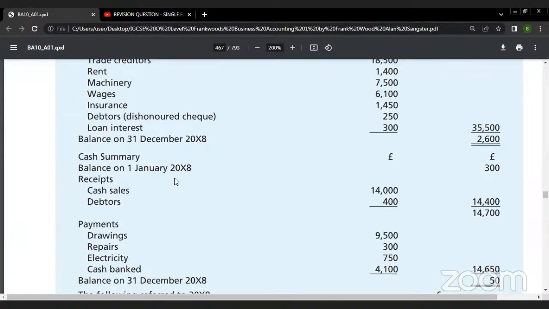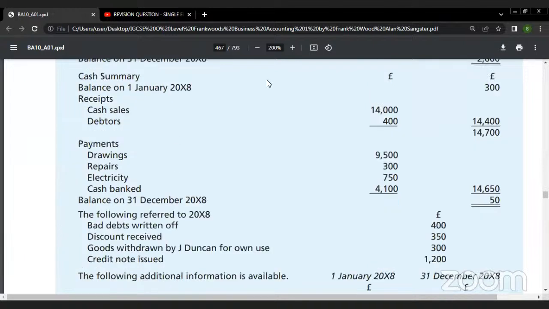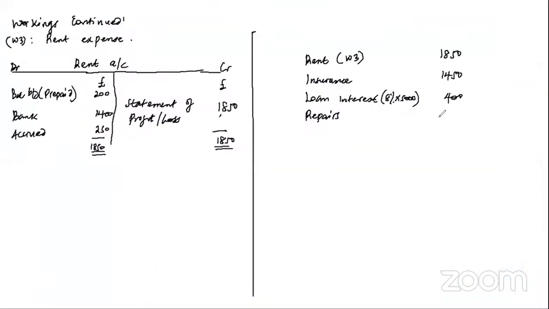Then electricity is 750. Let's put this. Repairs, we have 300. Then electricity, 750.